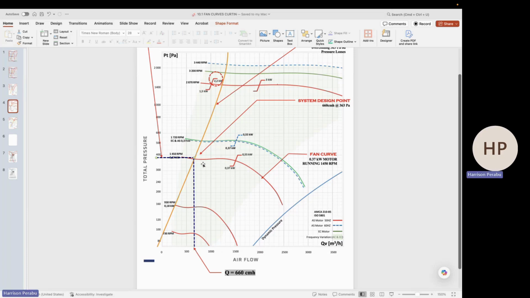A 0.37 kilowatt fan may cost us about 3,000, just a range. And then a 2.2 kilowatt fan probably will cost us about 5,000. It's just 2,000 different. But what's the major variance here when it comes to OPEX? Your amps are high. That means when the system is running 8 hours a day or 12 hours a day, you are continuously incurring higher costs because we did not give importance to picking the right fan based on the demand.